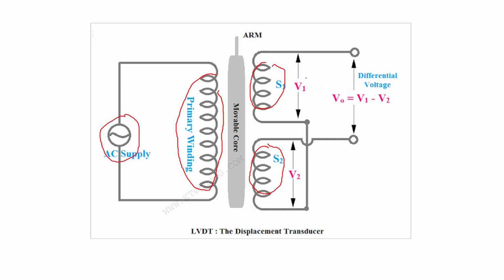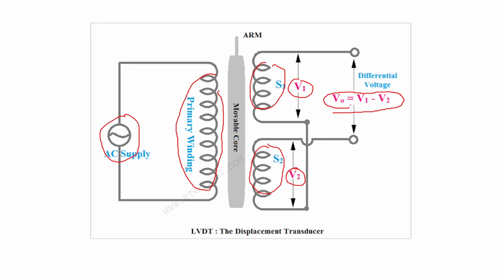Whatever excitation you give at the input, you will get one voltage across the first secondary winding S1. So this is V1, and across the second part of the secondary winding we get the voltage V2, and the output will be V1 minus V2.